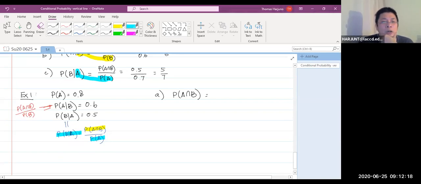So if we know two of them using this equation, we know the other one, the yellow one. Okay, so how do I attack this problem? Let me write down the formula I will use: probability of B given A equals probability of B intersection A over probability of A.